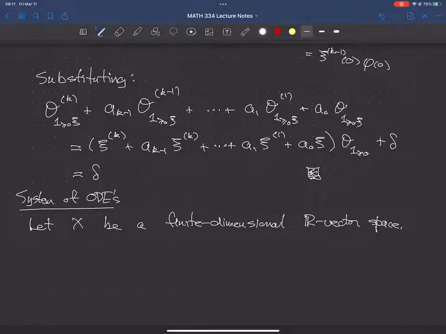Okay. So let's first define the kind of differential equation we're looking at.